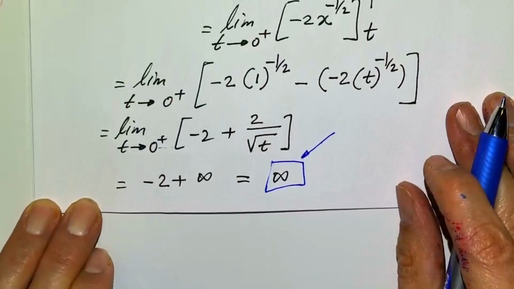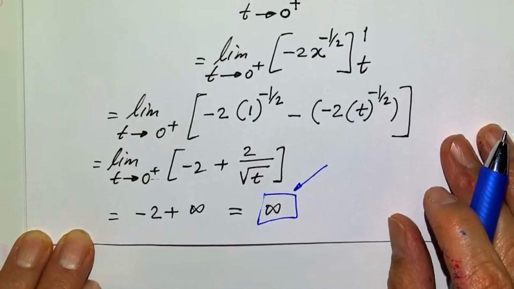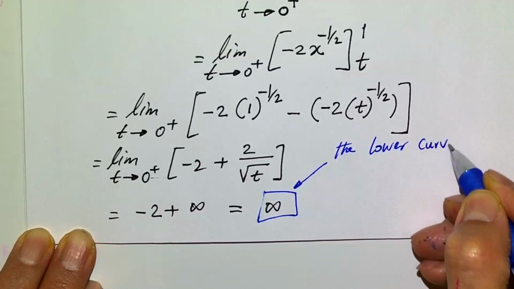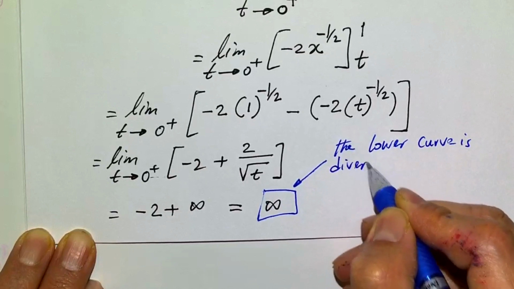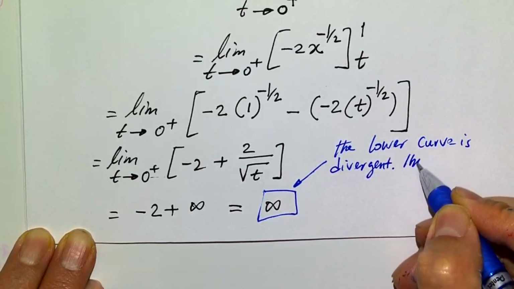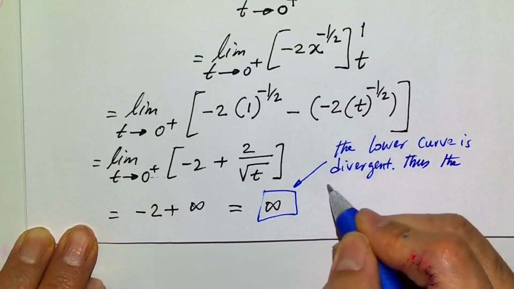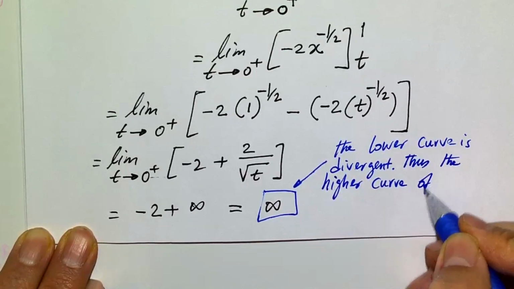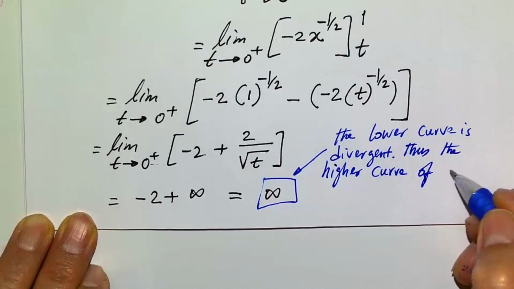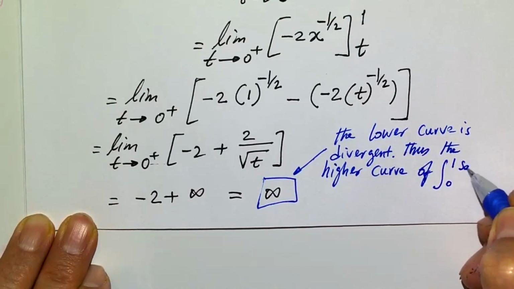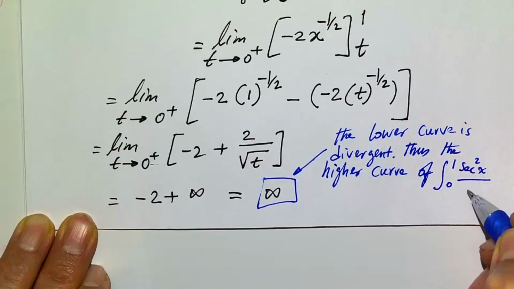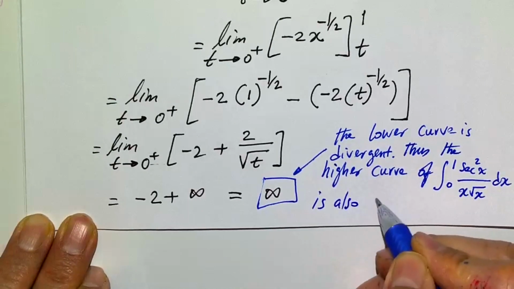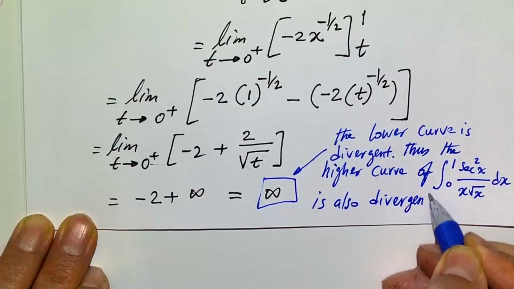So let me write that here. It is divergent, thus the higher curve that we have, which was the integral from 0 to 1 of secant squared x over x square root of x dx, is also divergent.